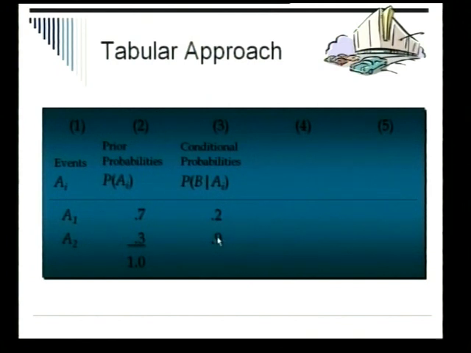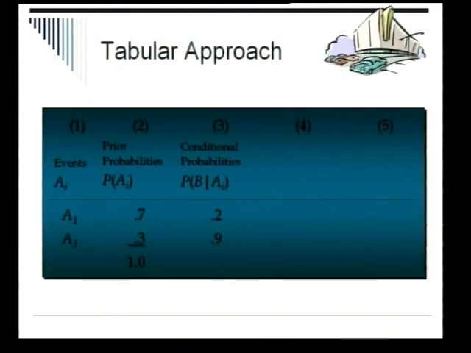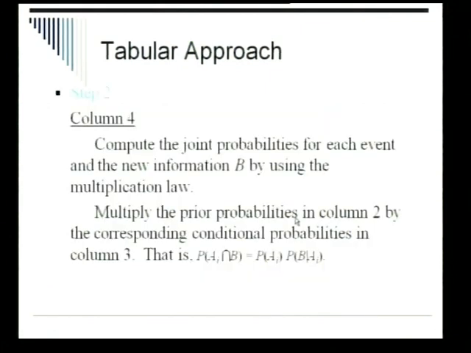So now what is the next column? Column 4 computes the joint probabilities for each event and the new information B by using the multiplication law. That means we multiply the prior probabilities in column 2 by the corresponding conditional probabilities in column 3, that is, probability of Ai intersection B is equal to P(Ai) into P(B given Ai).